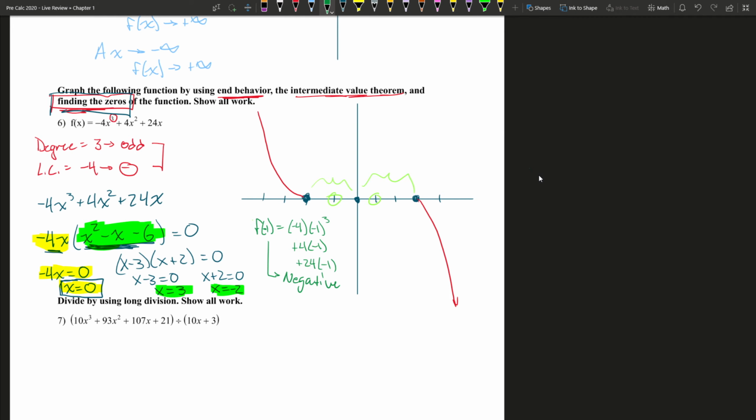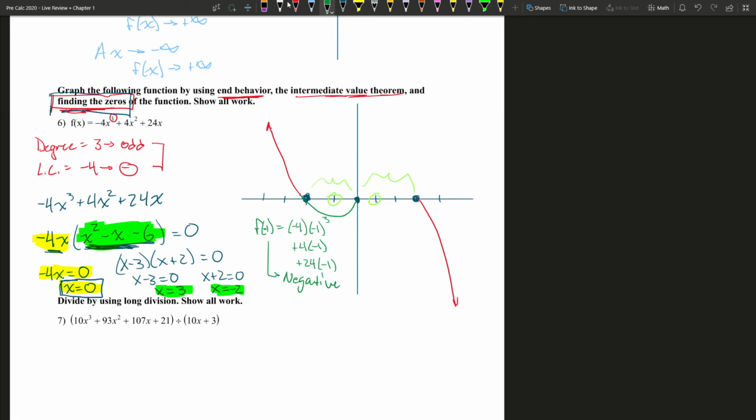And what that tells us is by the intermediate value theorem, we know that every point within the interval between these two zeros has to also be negative. So our graph looks like this. I'm going to make this a little bit neater. All right, so we tested that left interval. Now we need to test the right interval.